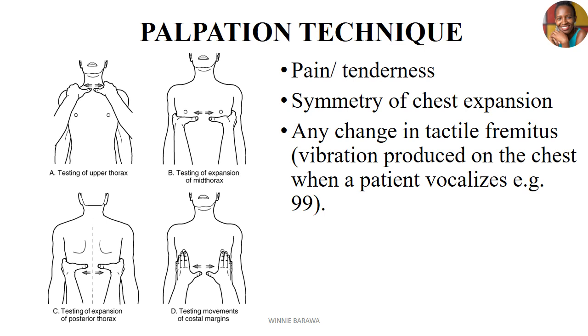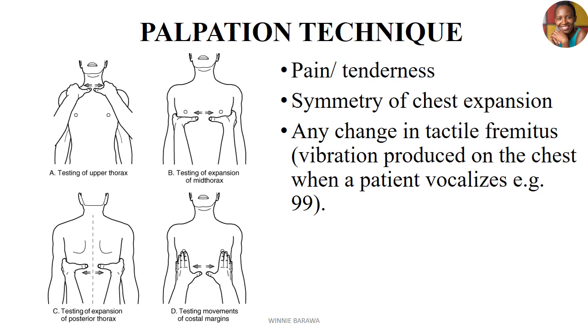By definition, tactile parameters are the vibrations that your chest will produce when a patient is vocalizing or speaking. A good number that you can tell them to say is 99. When they say 99, you can feel the chest vibrations. And you're comparing this bilaterally. The same way you are inspecting bilaterally is the same way you'll be expected to compare even during palpation.